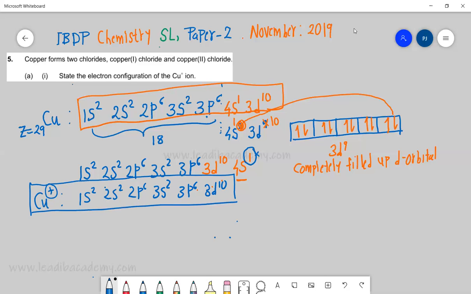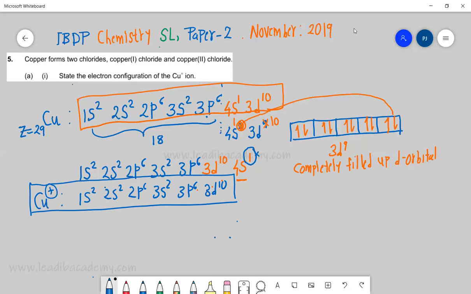So what we have learned, the two things: copper's interesting electron configuration. That means the first, even though it should have been 4s2, 3d9, but just to bring the symmetry, completely filled up d orbitals, one electron gets shifted from s orbital to d orbital.